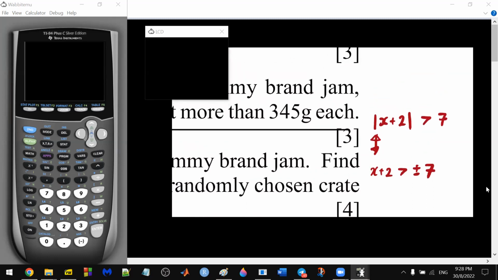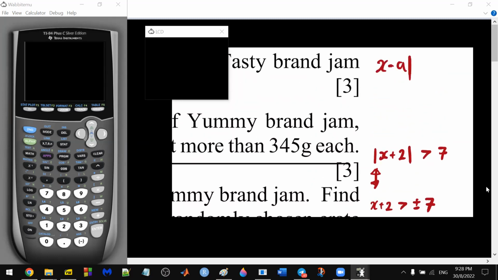I write again. Modulus x minus a more than b is equivalent to copy and paste the x minus a two times, less than negative b for the left side, or more than positive b on the right side. Can you do that? Maybe a and b are confusing.